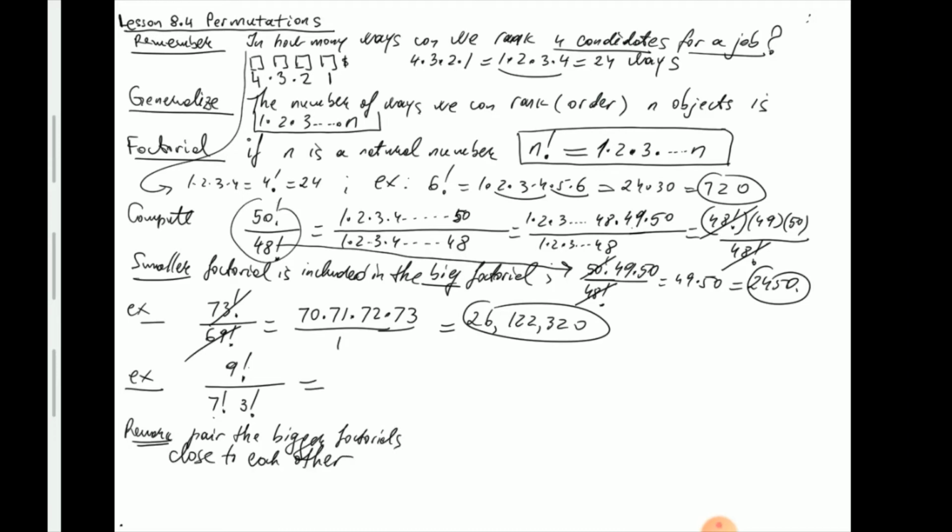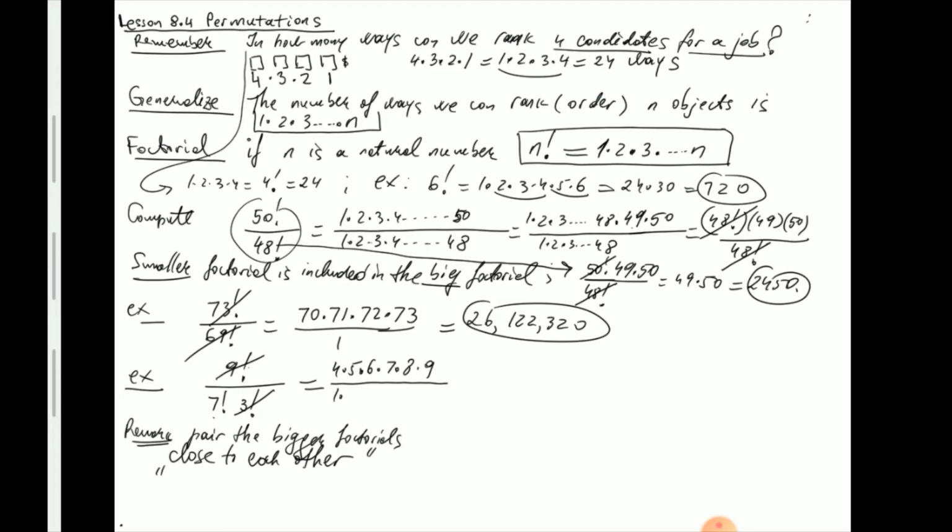I'm going to put this in quotation marks because by close to each other, I mean the pairing that gives you the fewest factors. So here's what I'm talking about. Let's say you decided to simplify 9 factorial with 3 factorial. Then on the top, you're left with 4 times 5 times 6, 7, 8, 9.